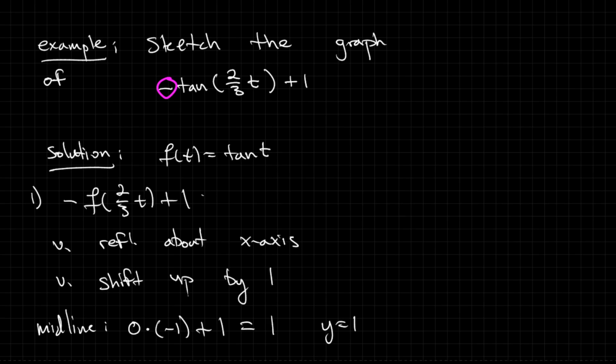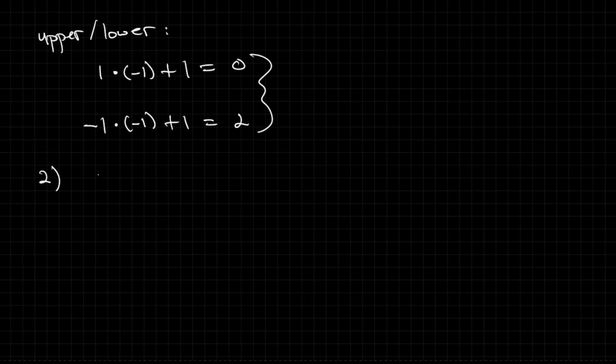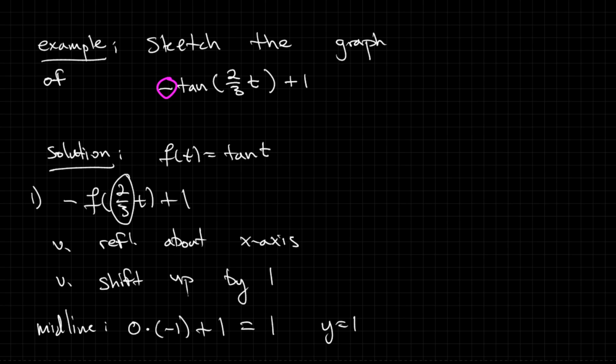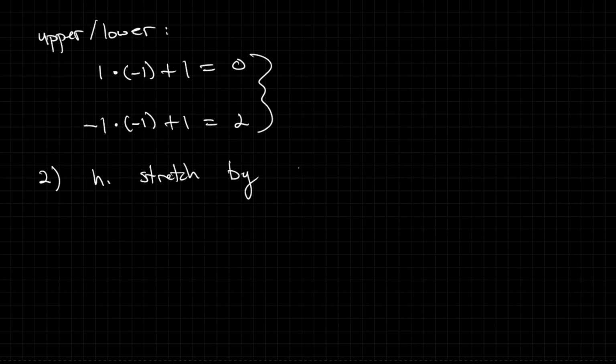So before we do that, we need to identify the horizontal transformations that are going on in our problem. And here we have a horizontal stretch by 1 over 2/3, which is 3/2.